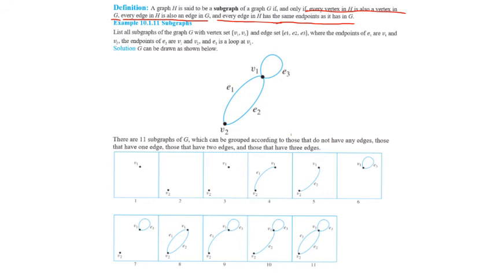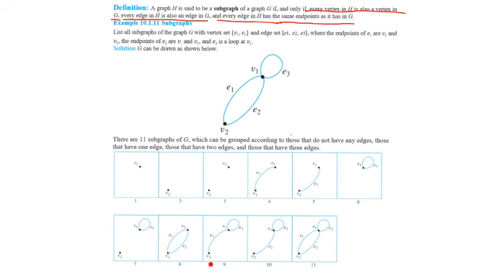In subgraph number 7, we have vertex V1 and edge E3 connected, and we have another vertex V2, which is isolated from V1. In subgraph number 8, we have 2 vertices and 2 edges, E1 and E2, that both connect V1 and V2.